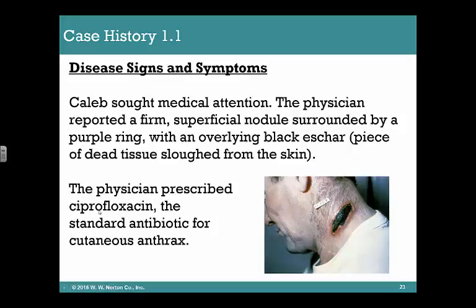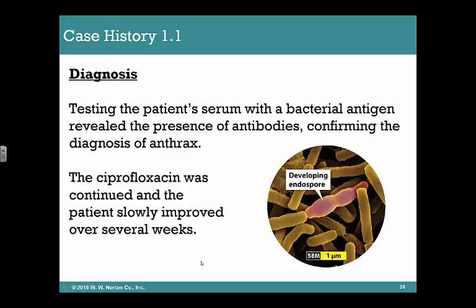He prescribed antibiotics, which is standard for treating a skin infection form of anthrax. And the patient showed improvement upon this treatment.